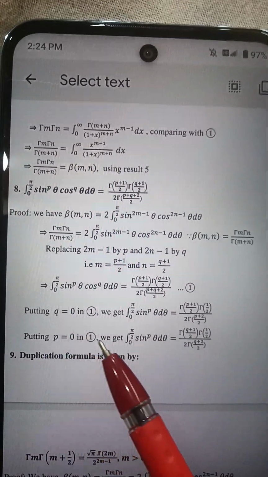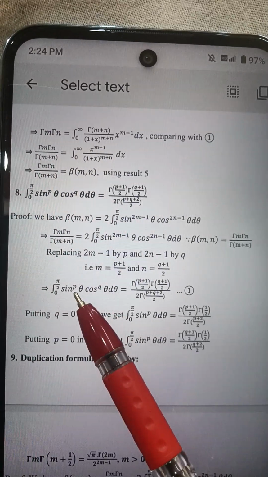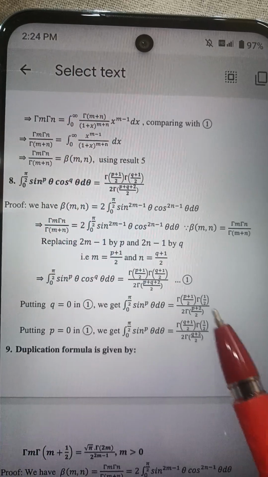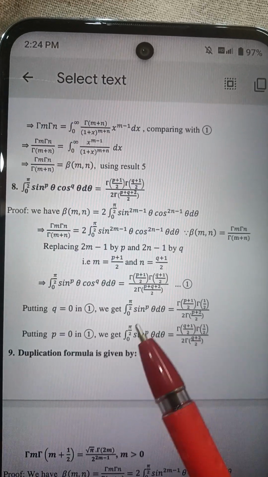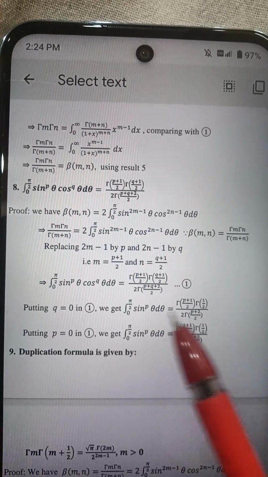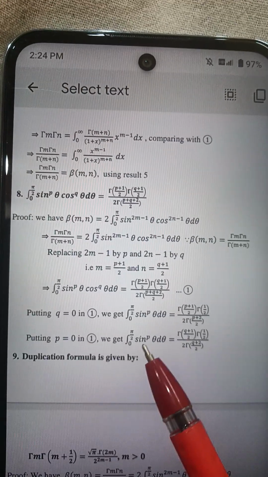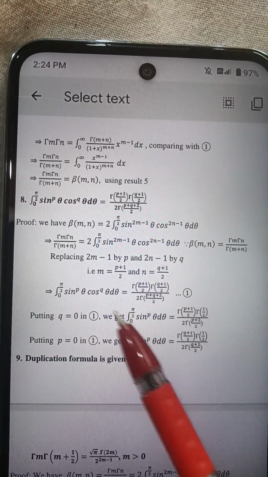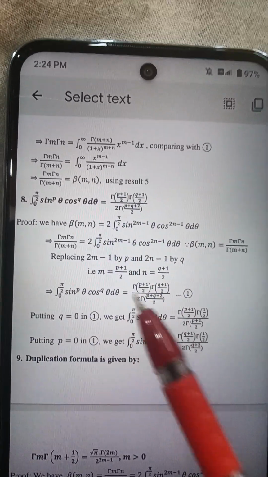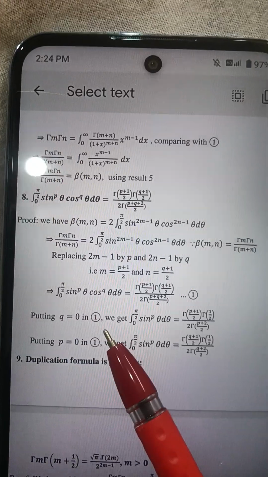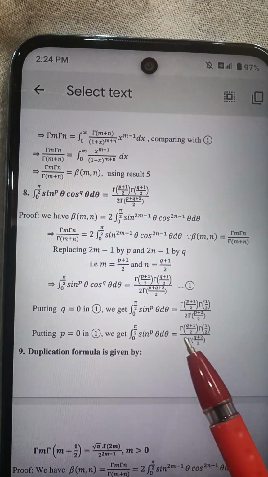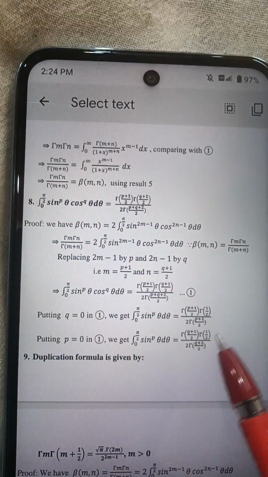Again, now we put p equals 0 and get this. Why are we writing sin p? Because sin 0 is 0 and cos 0 is 1. I hope this is clear now.